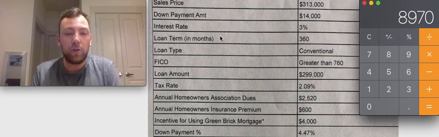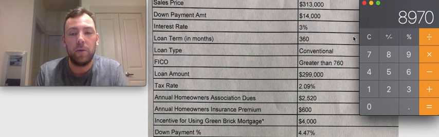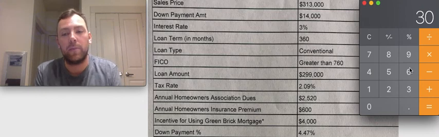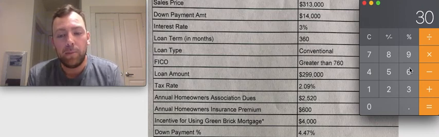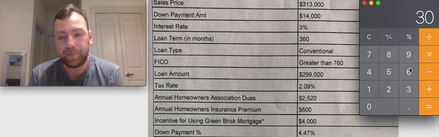From a loan term perspective, it's normally put in 30-year terms. So just to check, 360 divided by 12, because it's in months, there you go, there's your 30 years. So normally 30-year loans are standard with houses, but just another plug there, that's one thing that would be a positive about getting a 15-year loan, for example.